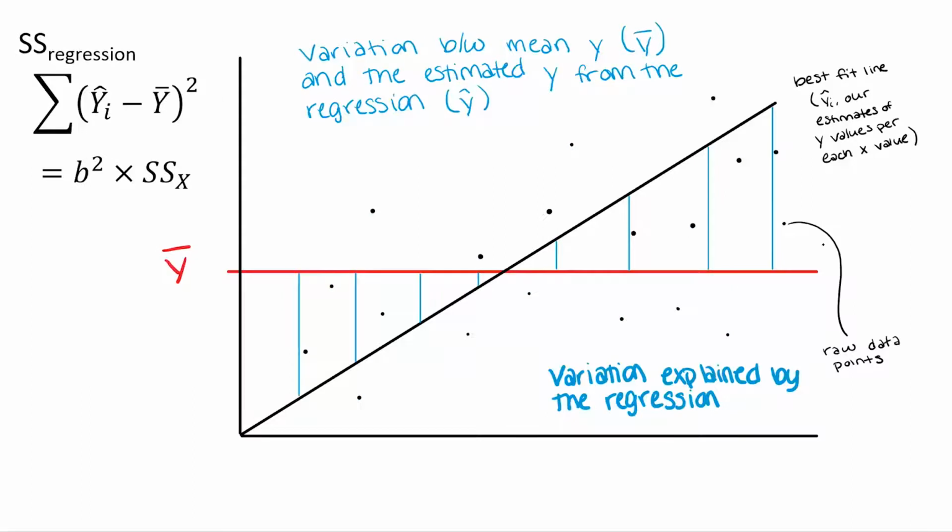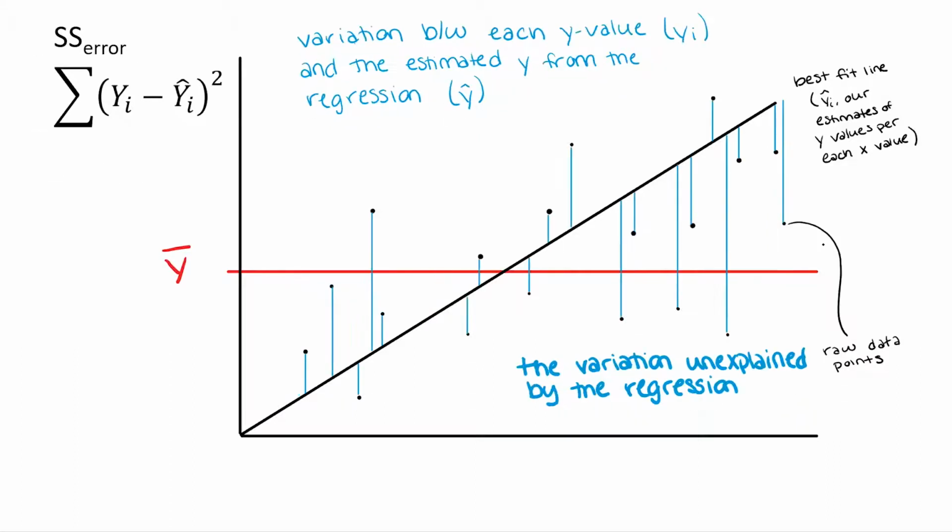Our sum of squares regression is the variation between the mean of y and the estimate of y from our regression, so our best fit line. We're trying to reduce the variation between the mean and our best fit line. And then finally, we have the variation between each y value and the estimated y from the regression line.